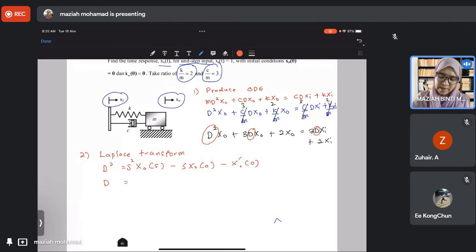For single differentiation, it is s X naught(s) minus x naught(0). Okay, so we're going to apply that into the equation.